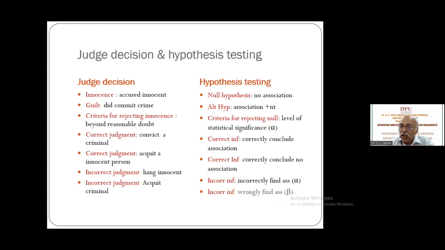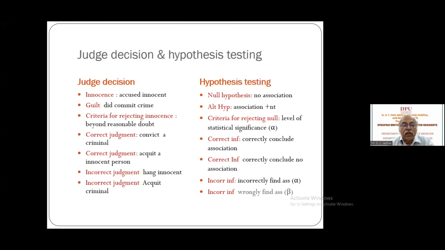Similarly, in an experiment also, we can commit an alpha error, incorrectly finding an association. So hanging the innocent is alpha error in the court of law, and incorrectly finding an association is alpha error in your research study.